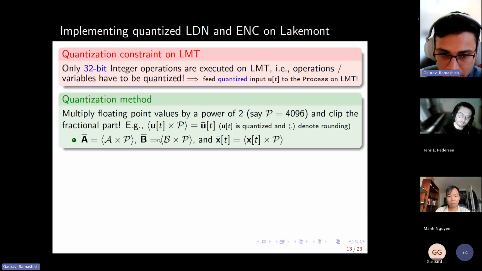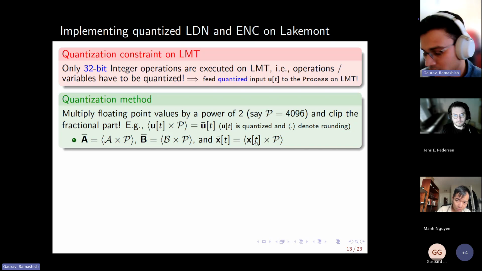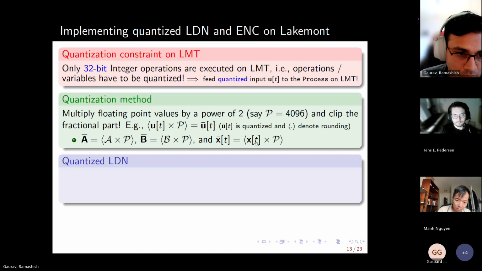You can apply the same operations on B and the state vector XT as well, because you are implementing this state vector XT on the Lakemont core, and that's why it has to be quantized. A bar, B bar, and X bar T represent the quantized values of these variables, and without the bar on top of it, A, B, and XT are simply continuous valued.